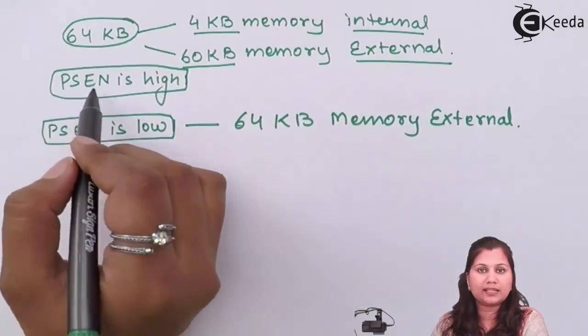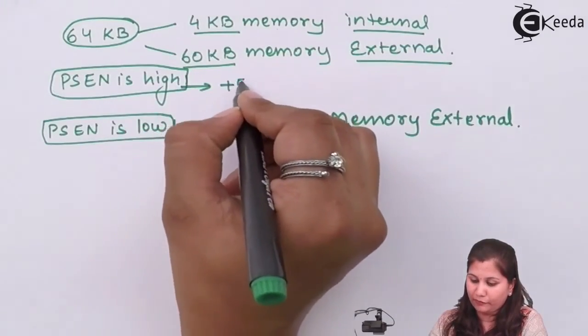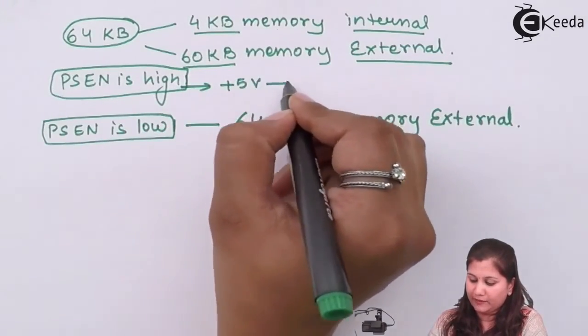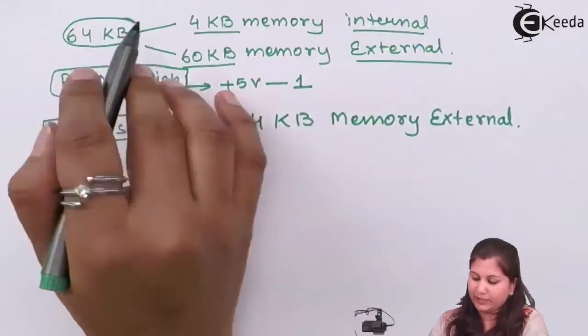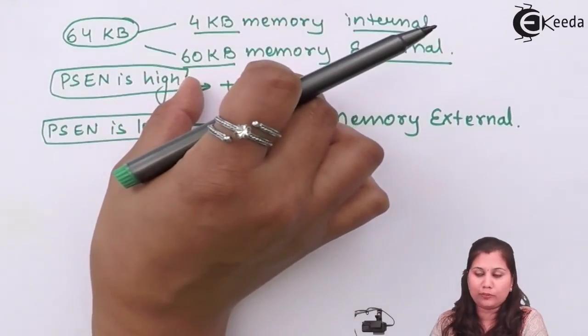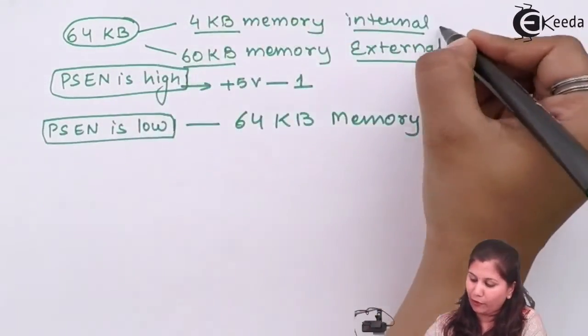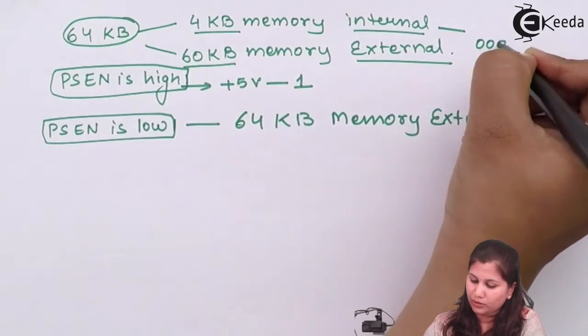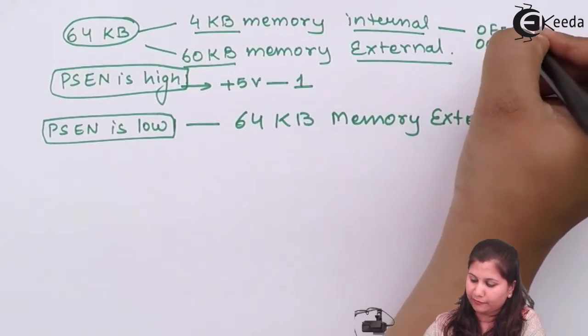If this PSEN signal is high, high means that it is connected to the plus 5 volts, or we can say that its value is made 1. Then the 64 kilobytes will be divided into two parts, 4 kilobytes and 60 kilobytes. 4 kilobytes will be internal, so its addresses will be from 0000 to 0FFF.